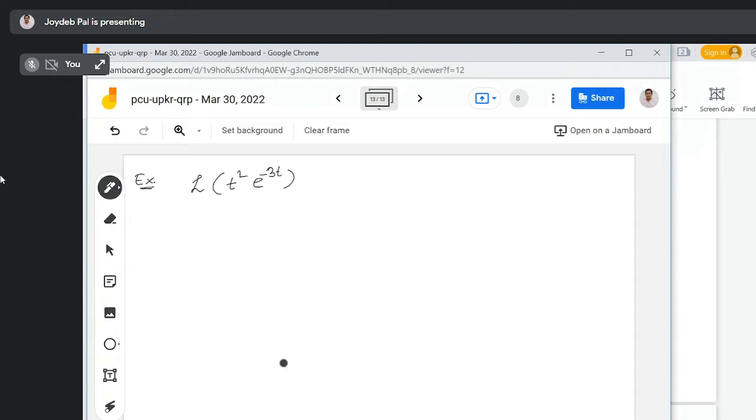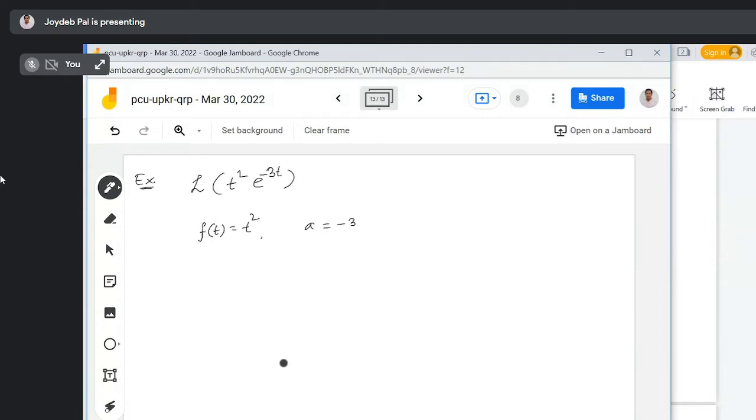Yes, sir. So here f of t is what? t square, and the value of a is minus 3. Then it is of the form Laplace transform of e to the power at into f of t.